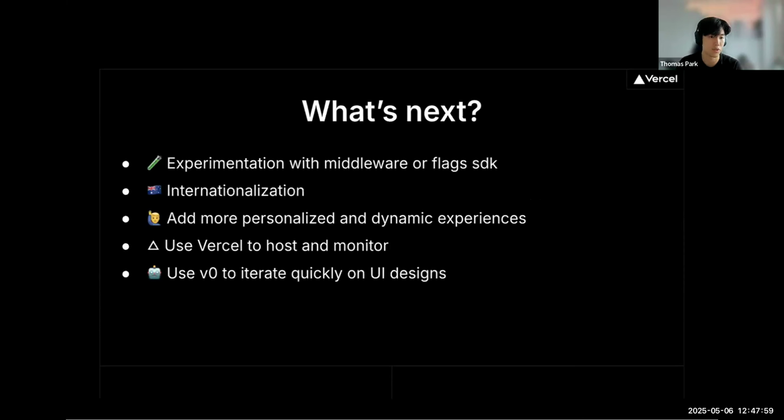Well, there are a couple of options here that we've seen a lot of teams utilize within the Next ecosystem. The first of which is experimentation. If you have a Next.js application today and you're in the e-commerce space, definitely check out what you can do with middleware and our Flags SDK. We have a lot of customers who are using middleware for A/B testing, right?